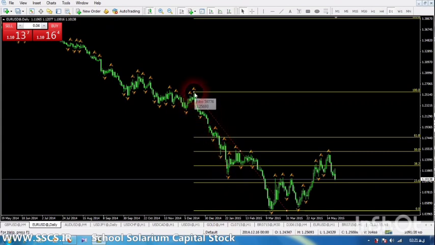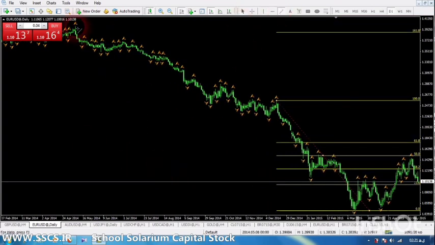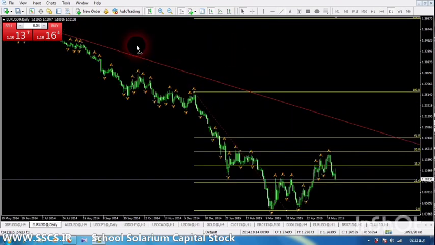As you can see, I have a swing high and a swing low here. I've had a downtrend and the market elasticity is downward. And this is the trend line here. This is my trend line.